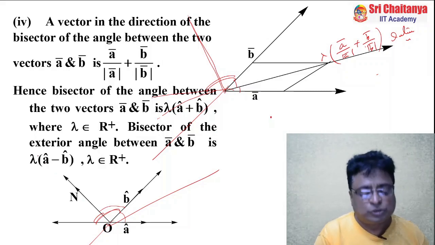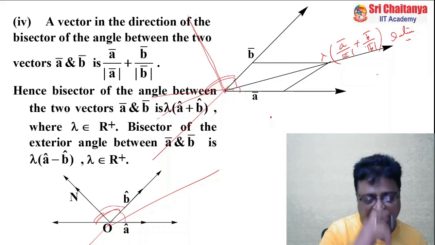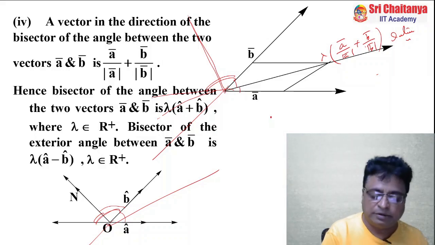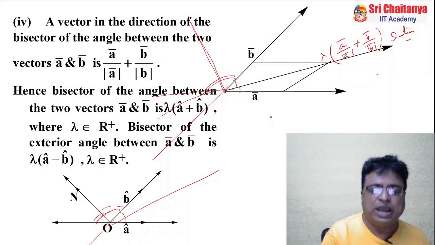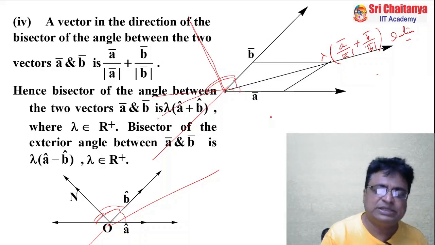So for any two intersecting, non-collinear, non-parallel vectors, two angular bisectors exist. One is called the internal angular bisector, and the other is called the external angular bisector.